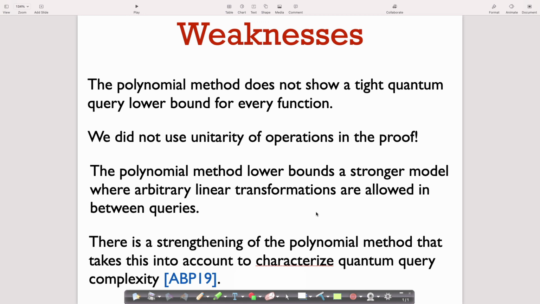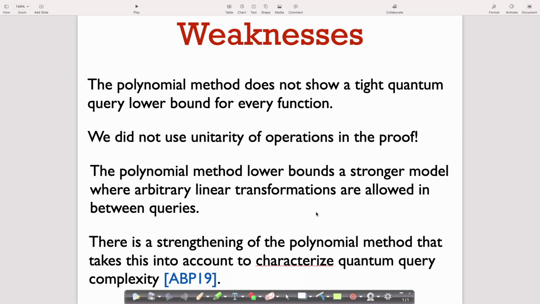And you see that in our proof that the approximate polynomial degree lower bounds quantum query complexity, we didn't actually use the fact that the operations that we did in between queries were unitaries. So the same exact proof would work if you allowed any linear transformation in between queries. So that's some intuition why we shouldn't expect this method to always give a tight lower bound.